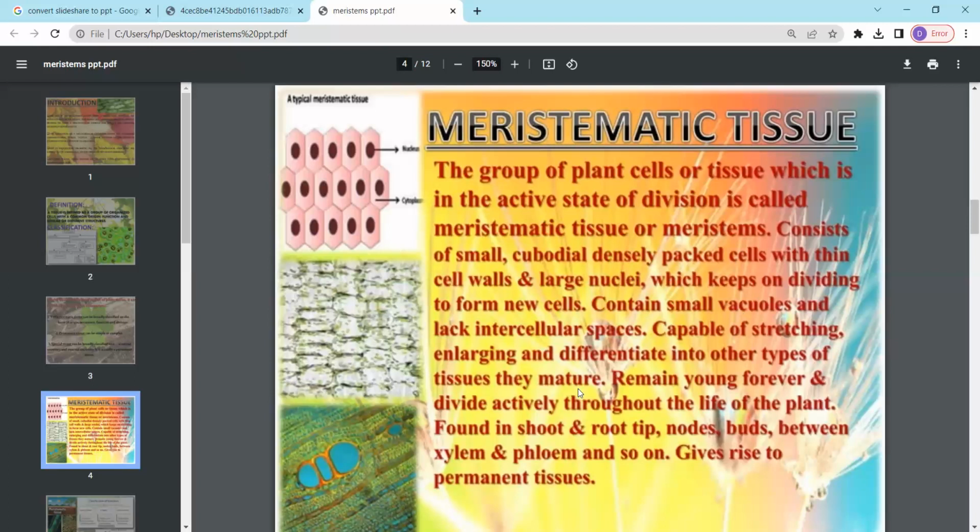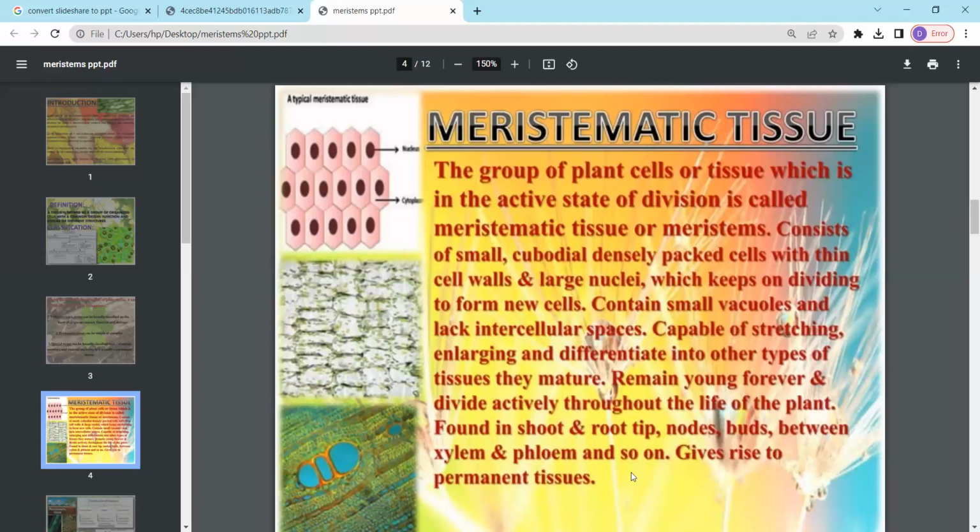They are capable of stretching, enlarging and differentiating into other types of tissues after they mature, and remain young forever and divide actively throughout the life of the plant. These meristematic tissues are found in the shoot and root apex, nodal regions, buds, between the xylem and phloem and so on.